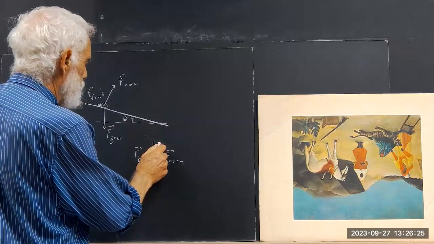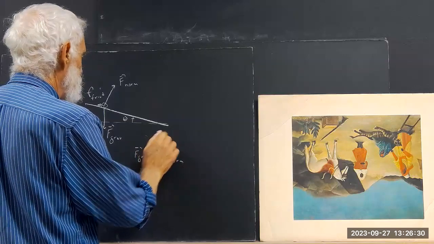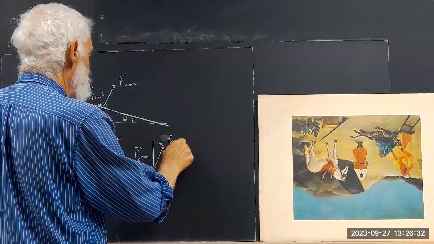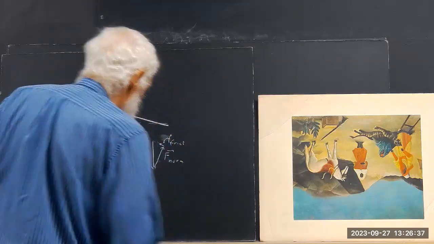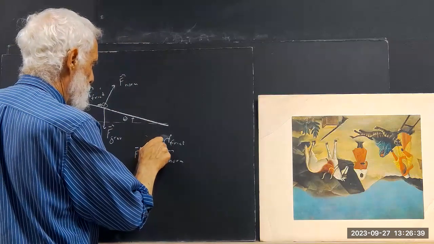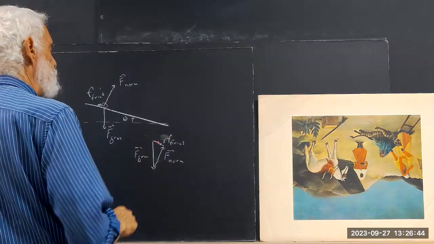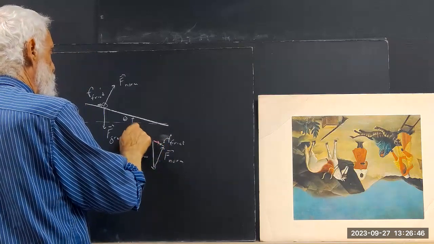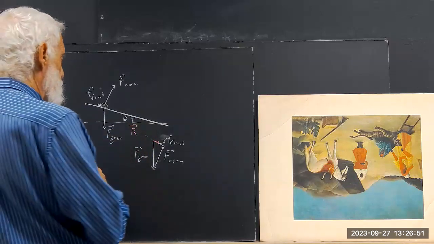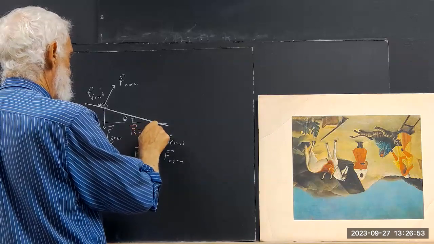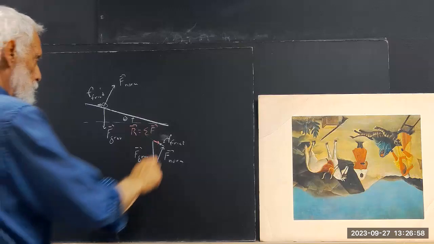So the frictional force would be here, and your result would be here. So this is the resultant force, which we often symbolize by R, which is the sum of all the forces.